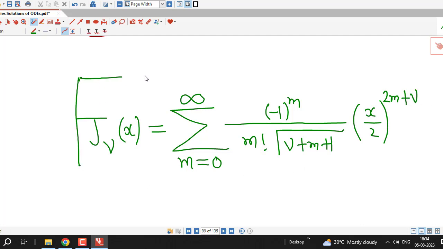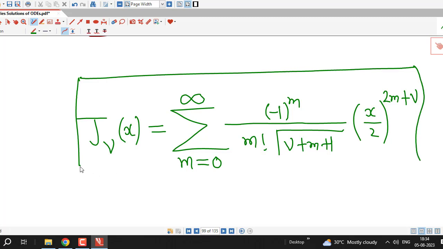And you have to remember this formula. This is Bessel's function of order nu.